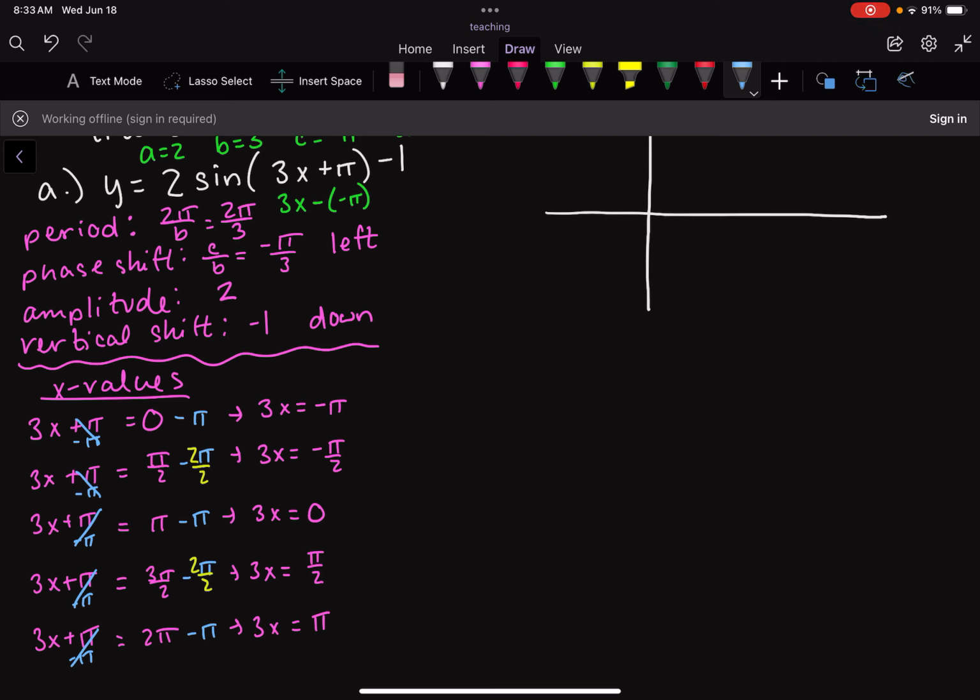Got to keep solving for x, so now I need to divide by 3. Now please remember that when you divide by something, that is the same as multiplying by the reciprocal. So for these ones that have fractions, instead of saying divided by 3 and making a complex fraction, I'm just going to say times 1/3.